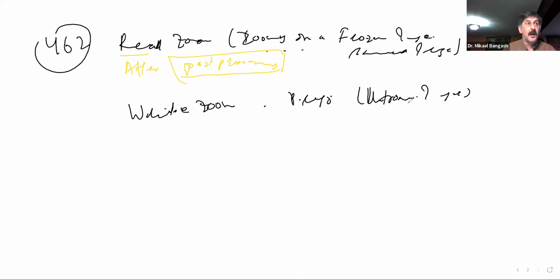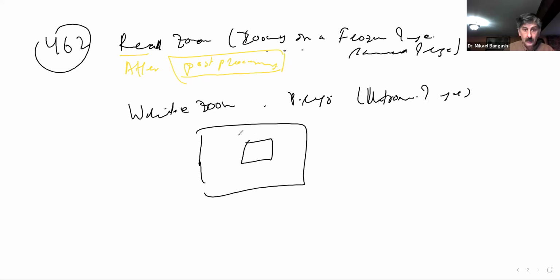That's not true. Because if this, for instance, was our region of interest in this whole image here, the number of pixels that will occupy this area here is not going to be the same as the number of pixels that it will occupy here.